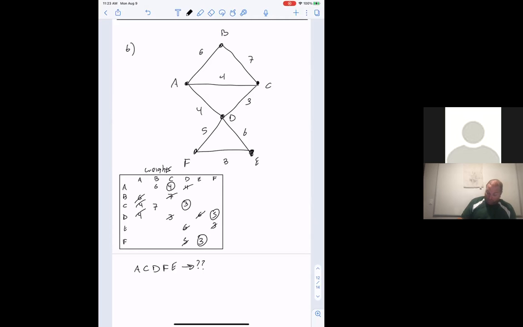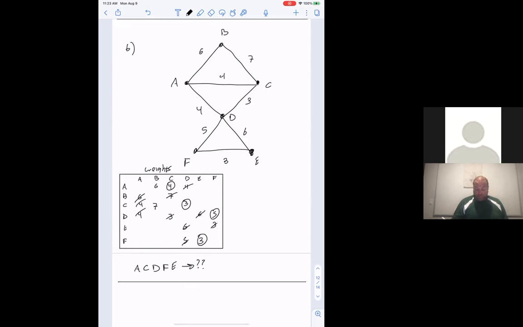Uh-oh, but we never hit B. And that's why it's bad. So make the table of least weights so we know that we have a complete graph that satisfies the triangle inequality, and then we don't have to worry about it.